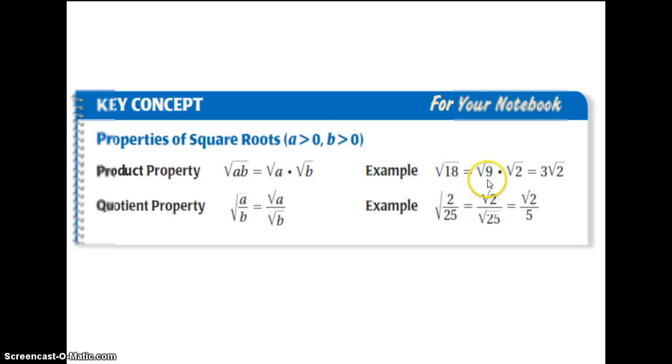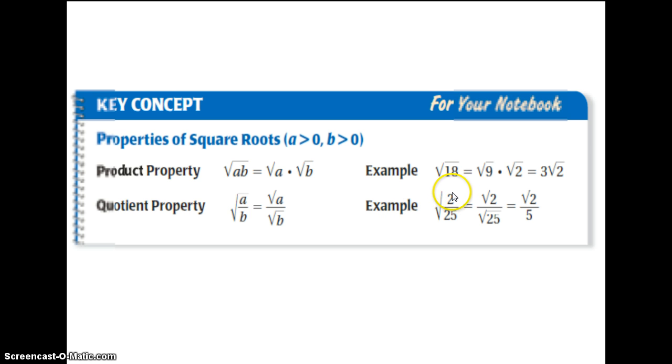For the quotient property, the idea is the same, but we have a fraction. The quotient property says you can separate the numerator and denominator, and each one of them is going to have its own radical, and you're trying to simplify and make the number smaller.